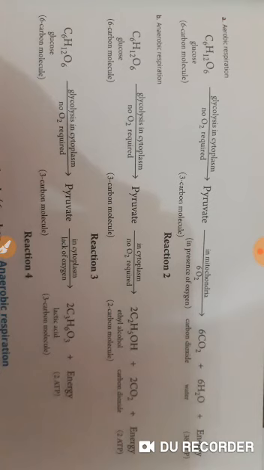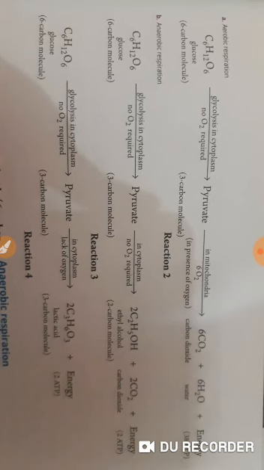Aerobic and anaerobic. Fine. So the respiration that occurs in the absence of oxygen is called anaerobic respiration. When oxygen is not available, there is a dearth of oxygen, anaerobic respiration will take place. Glycolysis is the first step, and glycolysis does not need oxygen.